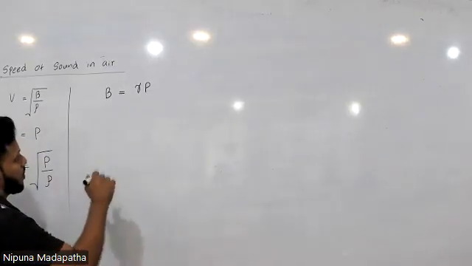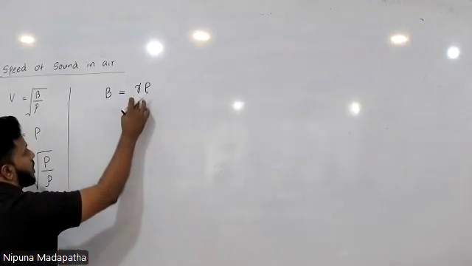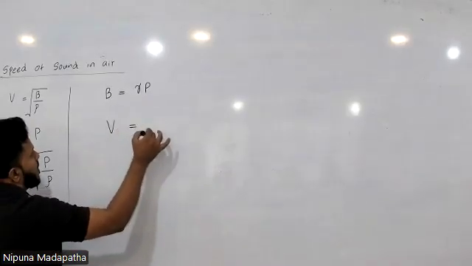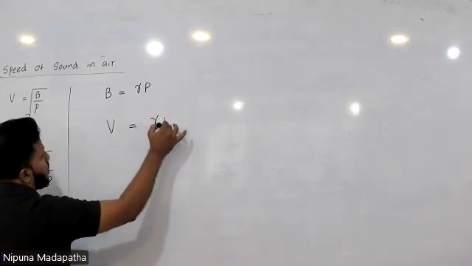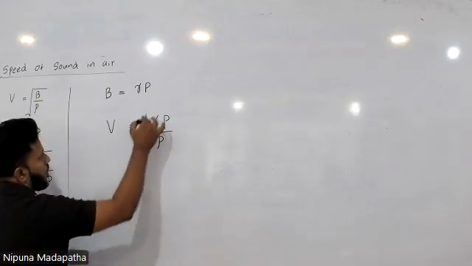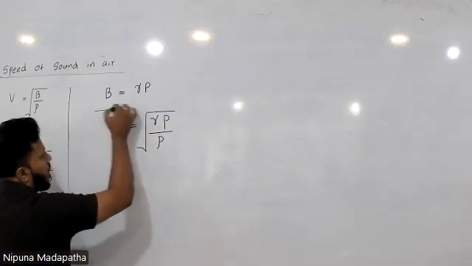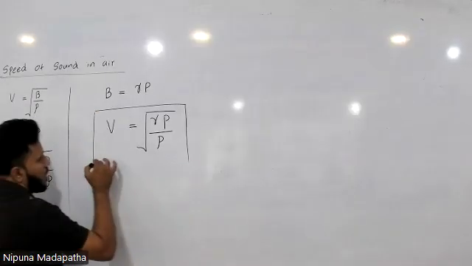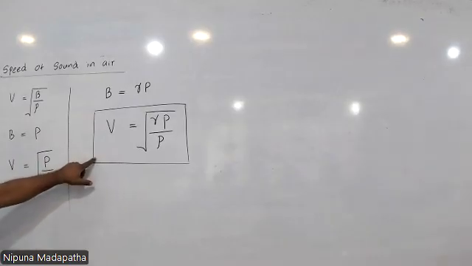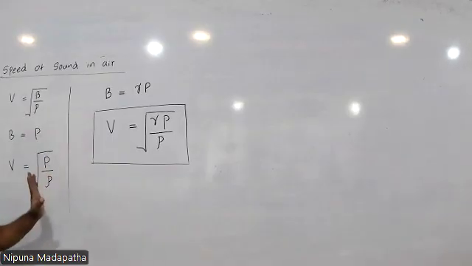I will calculate this quantity after mentioning the expression. So the speed of sound in air is given by the square root of gamma P over rho. This is the correct equation which gives the speed of sound in air, and nowadays we use this expression to find the speed of sound in air.